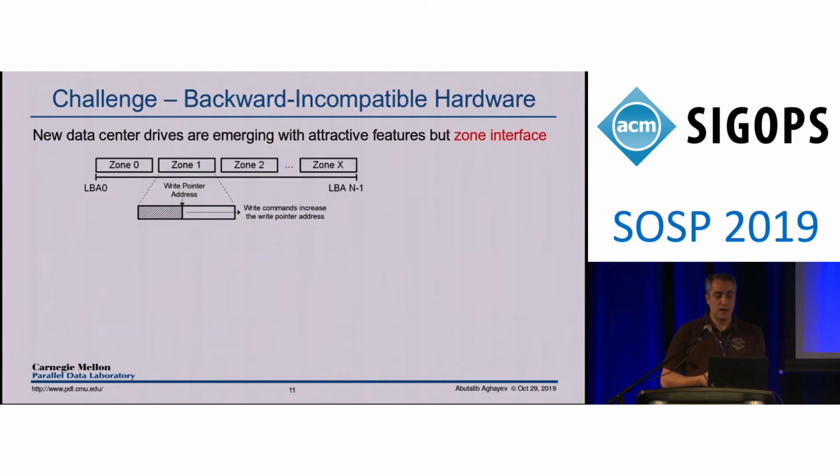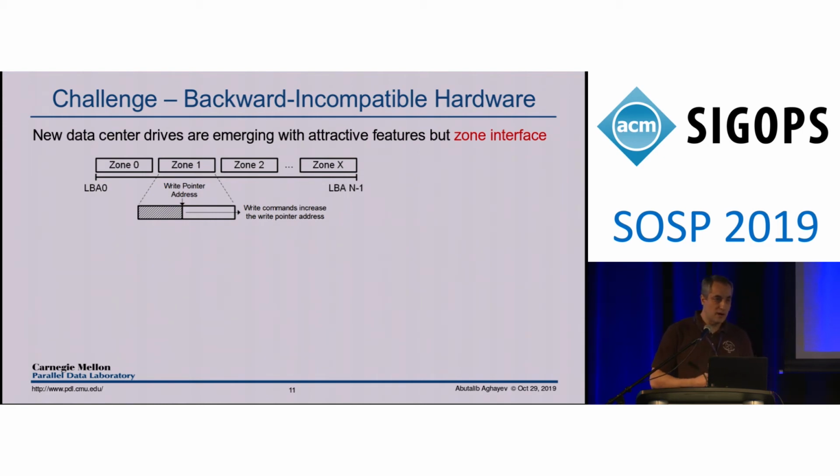Another big challenge for file system-based backends is supporting new and backward incompatible hardware. A new class of data center drives are emerging with attractive features but a backward incompatible zone interface. The zone interface divides the LBA space into a sequence of large zones. Each zone is several hundred megabytes in size and must be written sequentially from beginning to end.